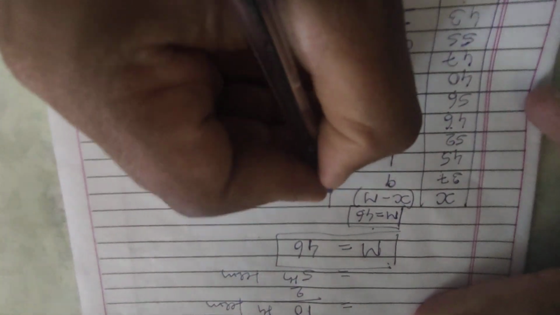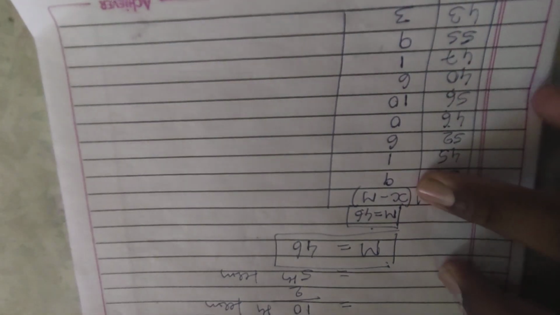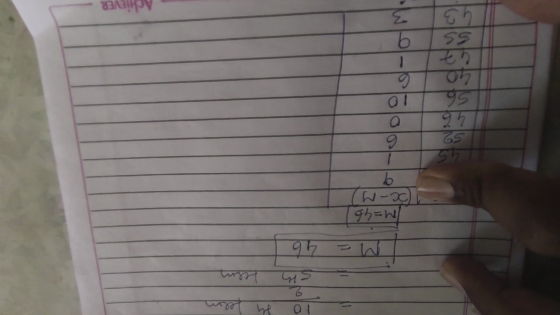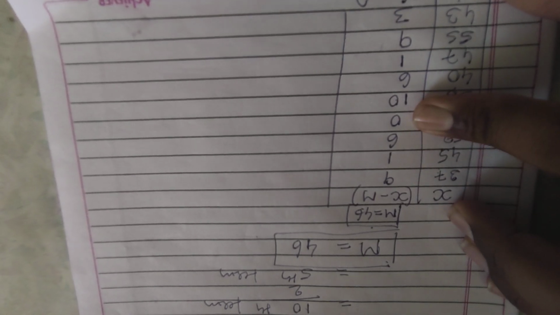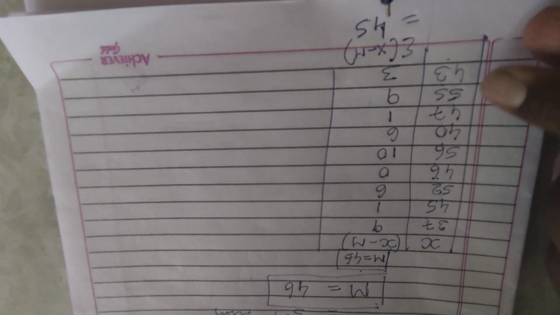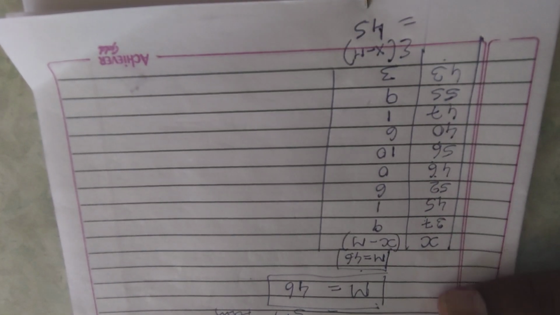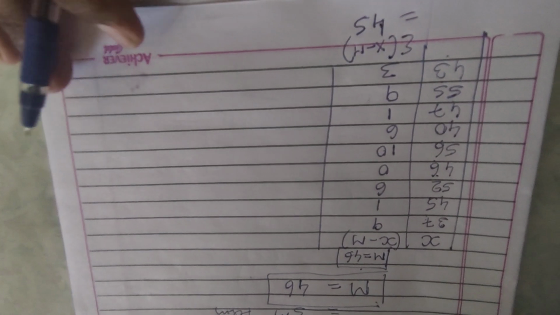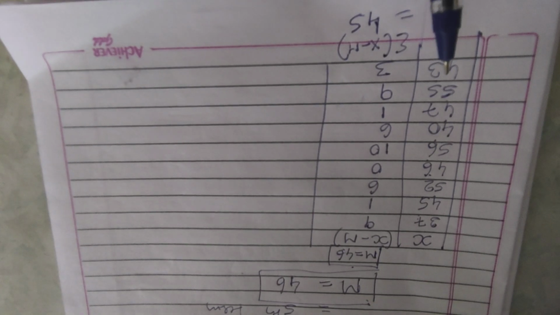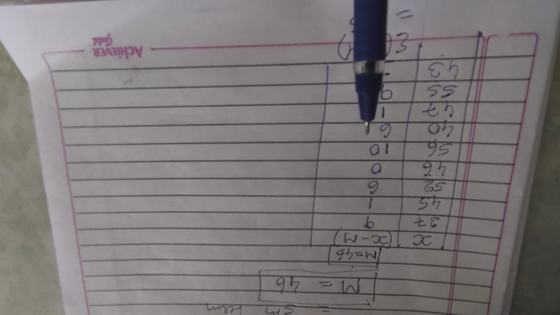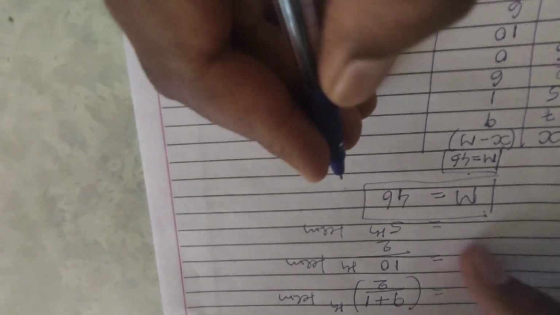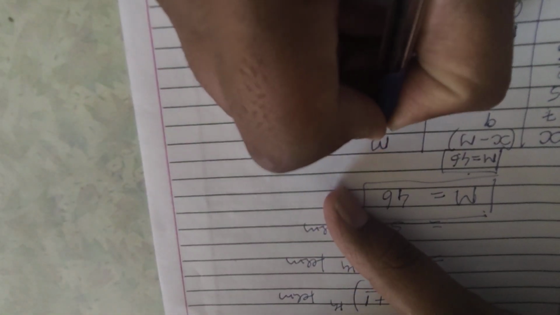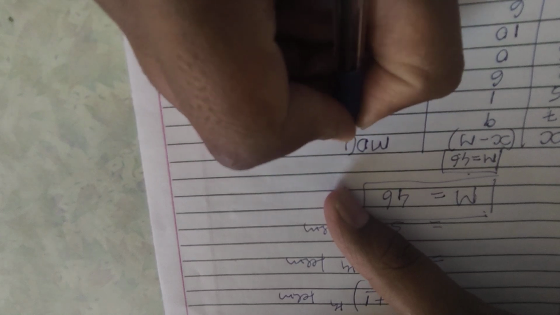Next we make a total of x minus median. If you total this, we will get 45. So in the table, first we create x, next x minus median, and next we apply the formula for mean deviation from median.